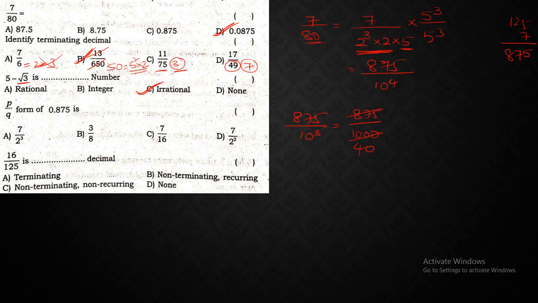For every 100 we have 4 25s. So out of 40 if I remove 9, then it is 31, right? Is it correct? So 8 plus 1 is 9. So 31 by 40.